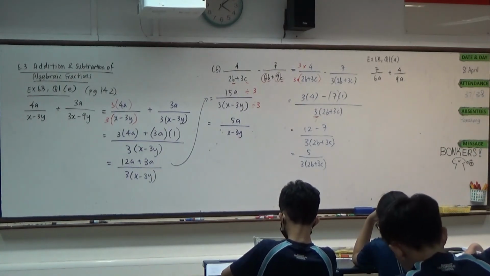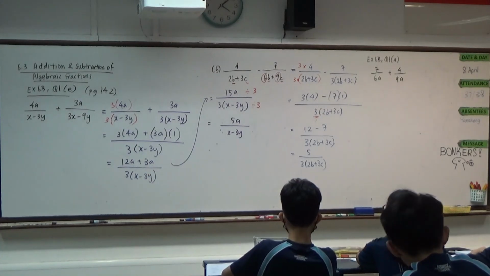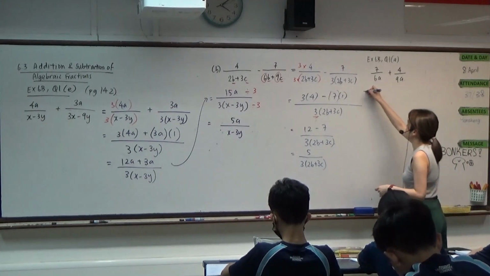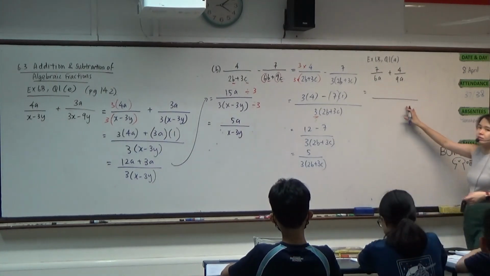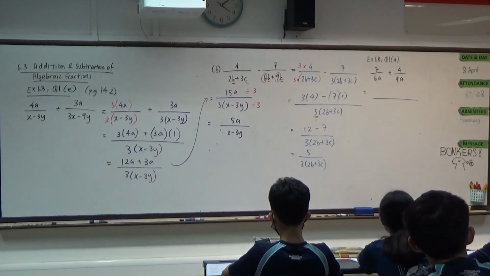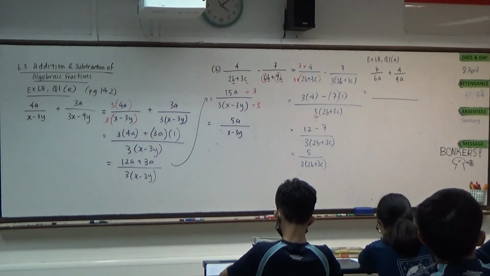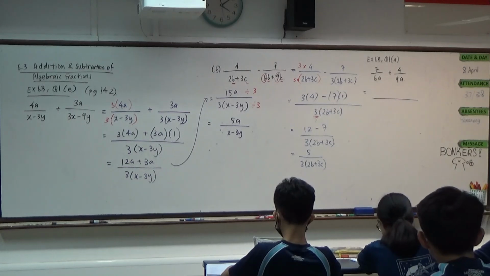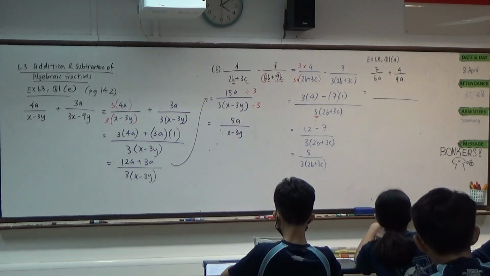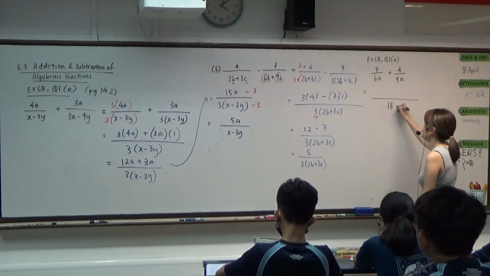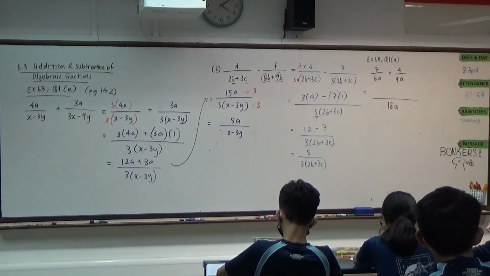If I have 7 over 6a plus 4 over 9a, what will the common denominator be? 6 and 9. What is the common denominator? 18, 12, 6, 9. The lowest common multiple of 6 and 9 is 18, yeah? So 18a shall be the denominator.